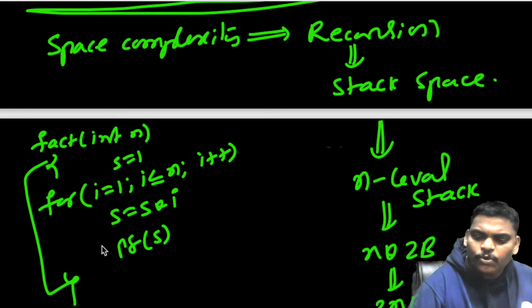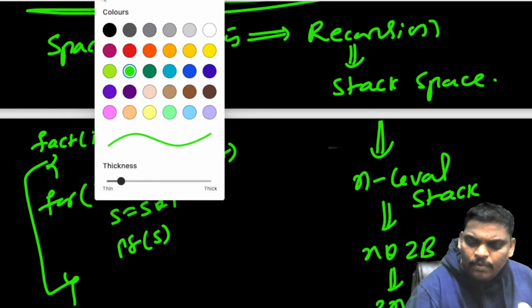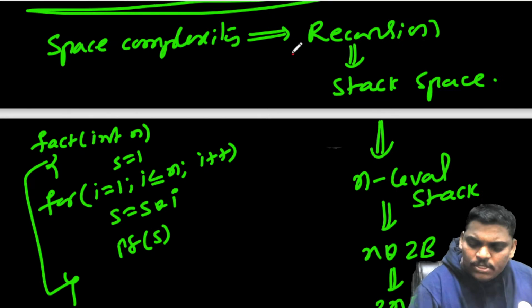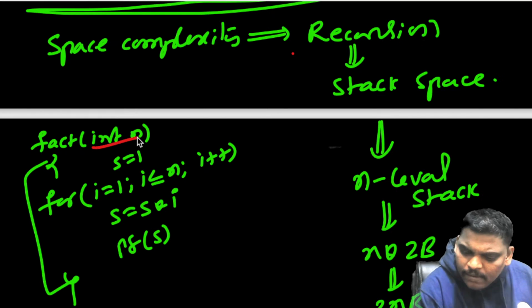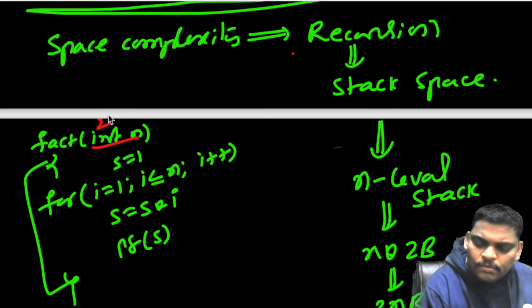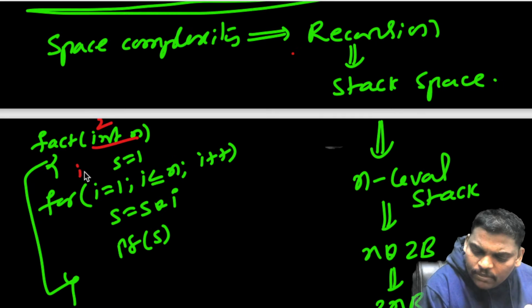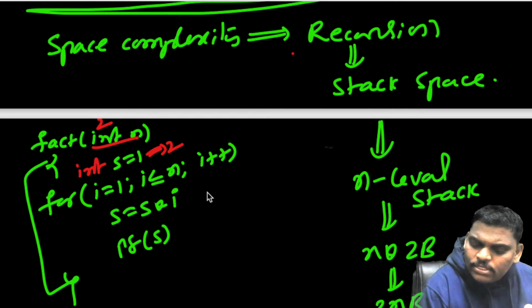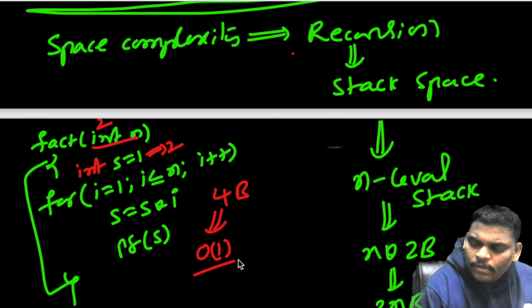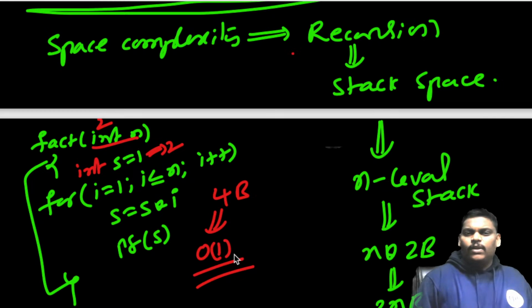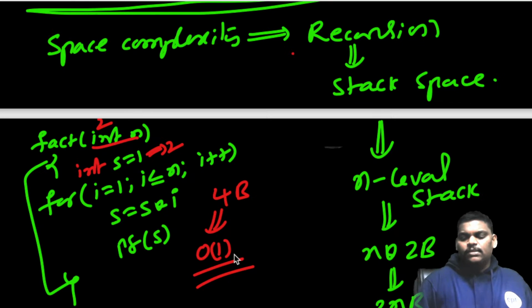In this program, int n is 2 bytes, int s equal to 1 is 2 bytes, totally 4 bytes. One function call only, 4 bytes, so order of 1. Every constant can be written as order of 1.